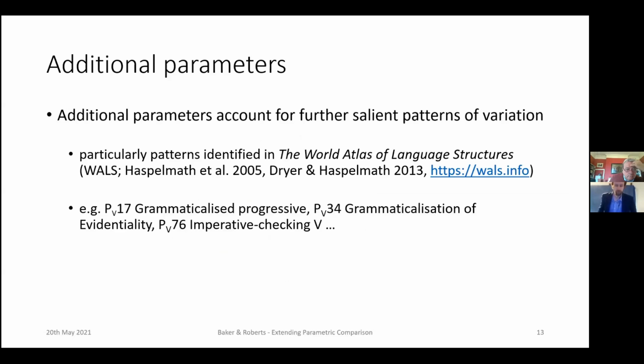So, for example, in addition to asking, does the language have aspect, we also have parameters asking about specific types of aspect. So, does the language have grammaticalized progressive, for example? And furthermore, we have parameters asking about whether evidentiality is grammaticalized, parameters asking about whether imperatives are checked on the verb, and so on and so forth.